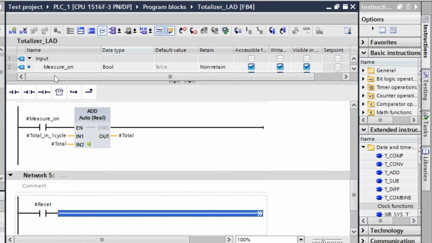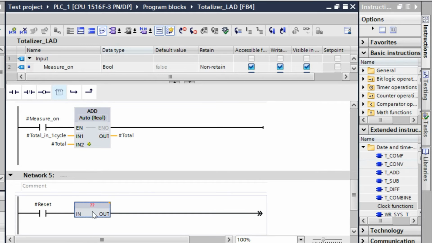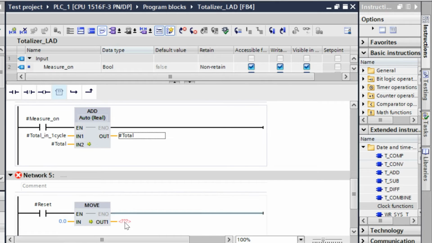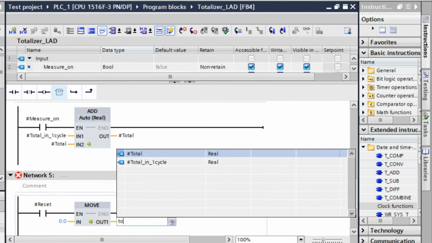Okay, then we'll give a move command, that will move 0 to that total value, total.